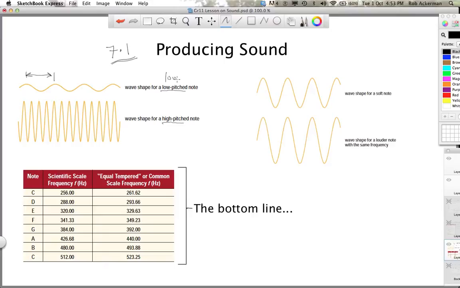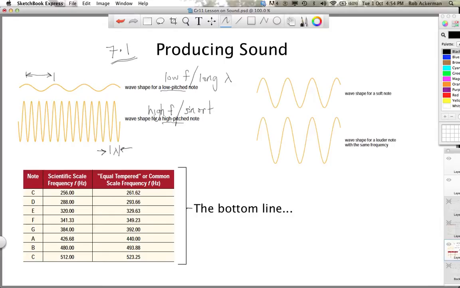That would be a low-frequency wave, and of course, as we know, if the frequency is low, then the wavelength is large, small f, large lambda. And of course, for a high-pitched wave, here the distances between the crests and troughs is very small, the frequency is high, frequency very high, and the wavelength very short.